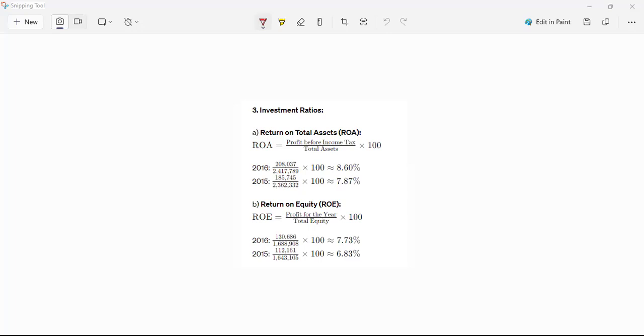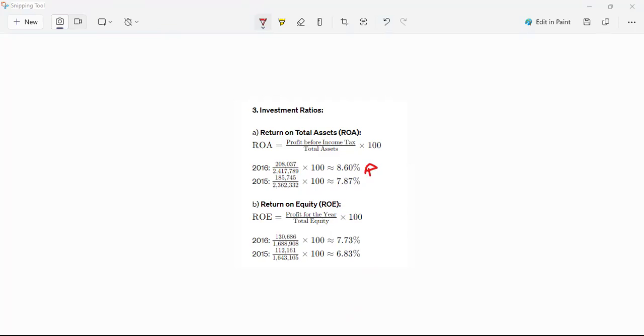We can see that there's an improvement, from 7.87 to 8.86 for 2016. This is an upward improvement. So what does this mean?